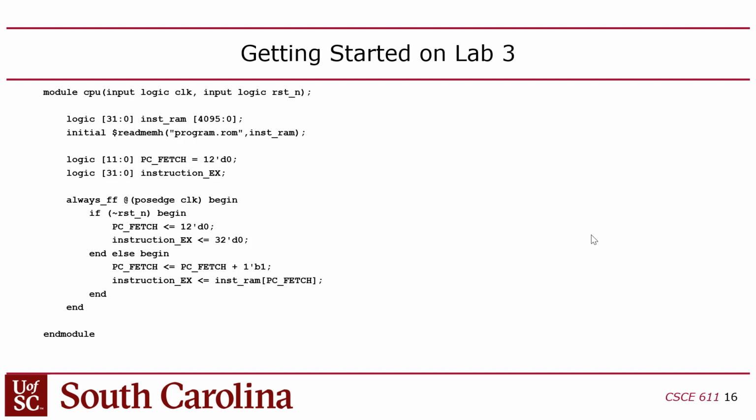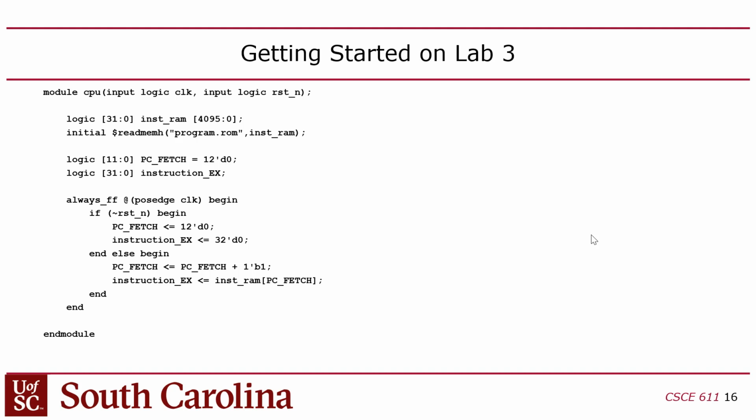Because it's always hard to figure out where to get started on this lab, you get started with a module called CPU. So we're basically doing kind of a top-down design, right? Start with the CPU, work your way down to the details. So in the CPU, you're going to declare your instruction RAM, which I have as 4096 deep, 32-bit wide.